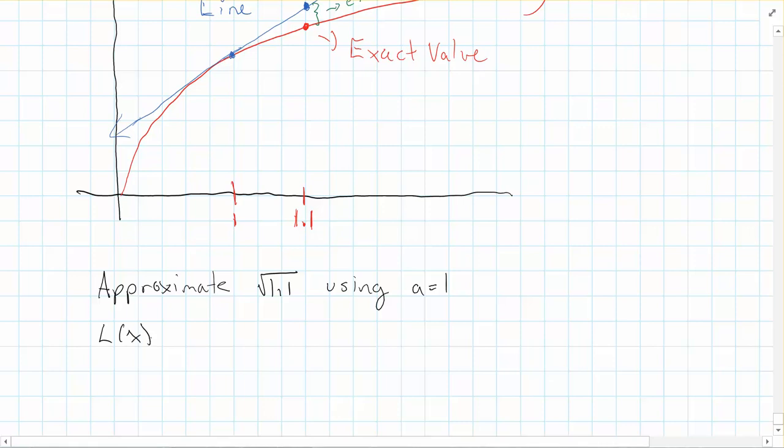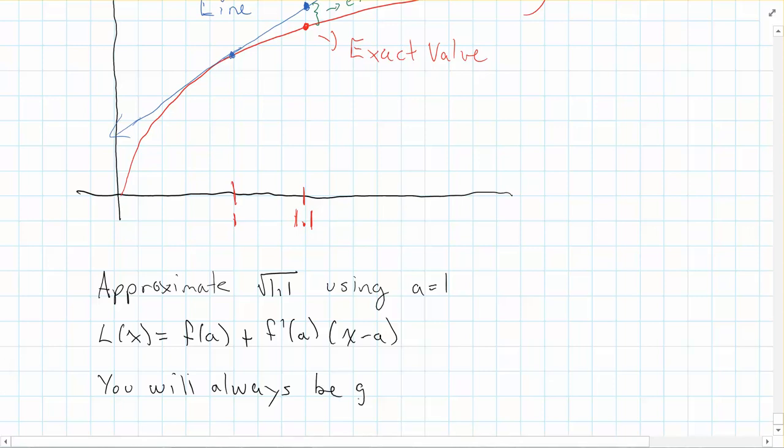L at x is equal to f at a plus f prime at a times x minus a. You will always be given a. And we sometimes refer to a as the center.